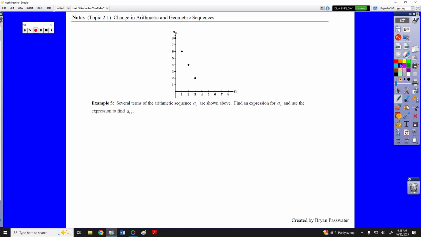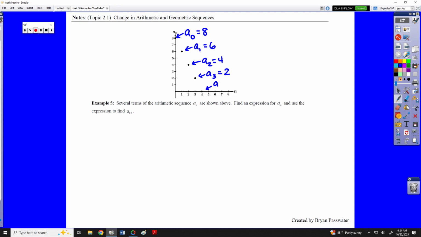If we look here, we have a sub 0 is 8. We have a y-intercept, a point on the y-axis, the a sub n axis, that tells us the initial value is 8. Then we have our first term is 6, our second term is 4, our third term is 2.